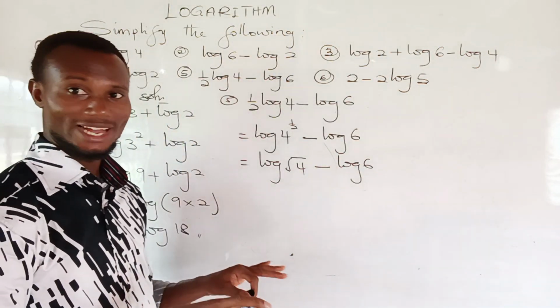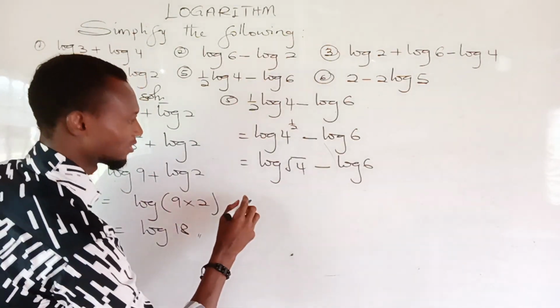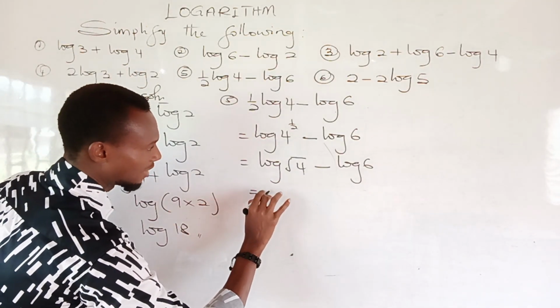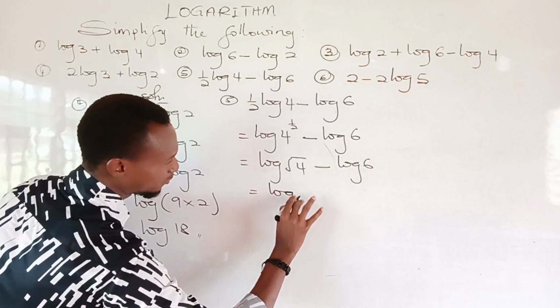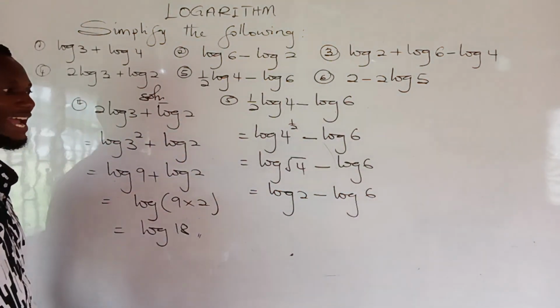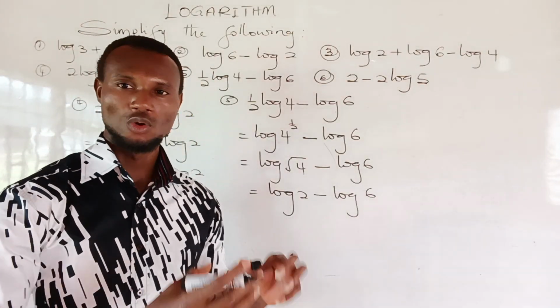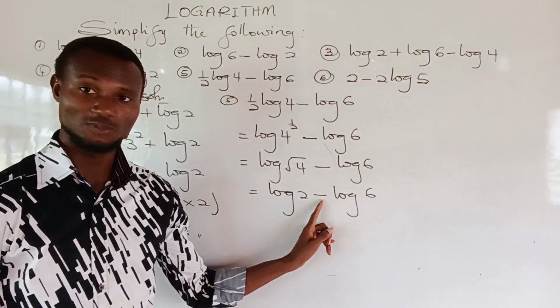I hope you understand up to this point. Now square root of 4 is 2. So let's simplify and put the answer there. So I'm going to have the log of 2 minus log 6. Then we can proceed and apply our quotient rule because we are seeing subtraction here.